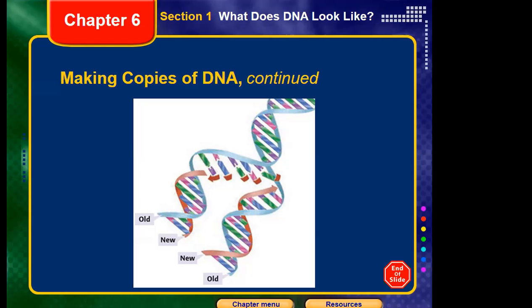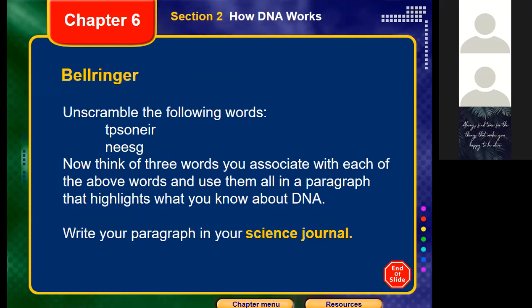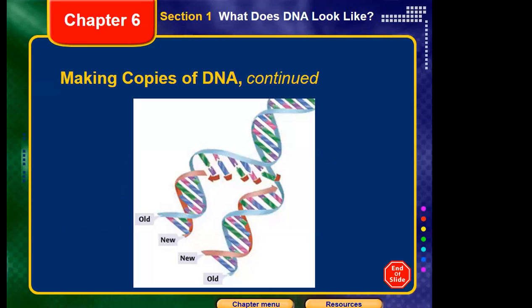Okay. So here, we're going to make that more clear for you. Look at me carefully here, guys. Imagine that. Here we have the double helix shape. This dash represents the bond between nitrogen bases.